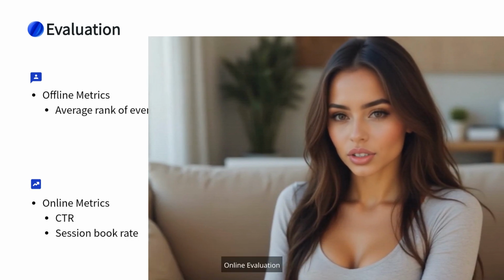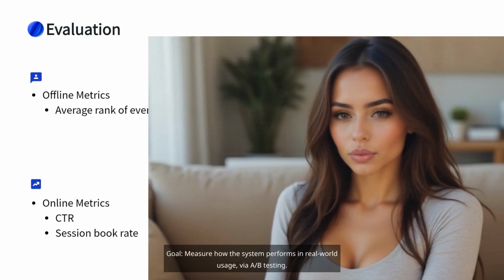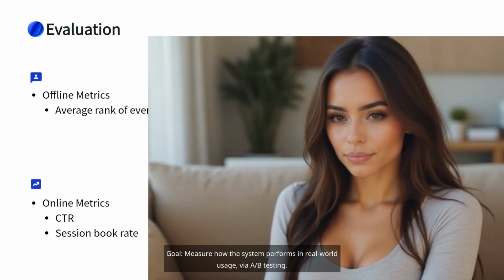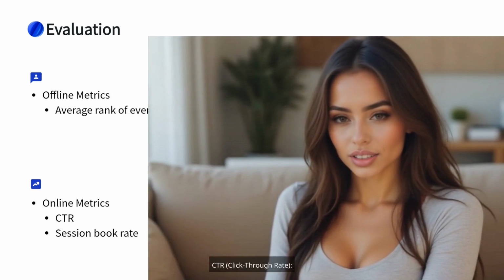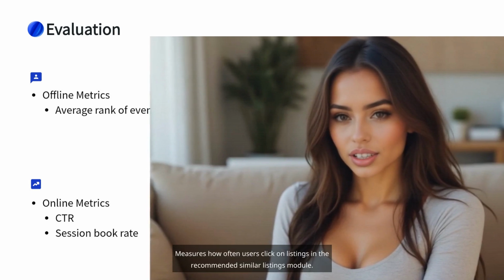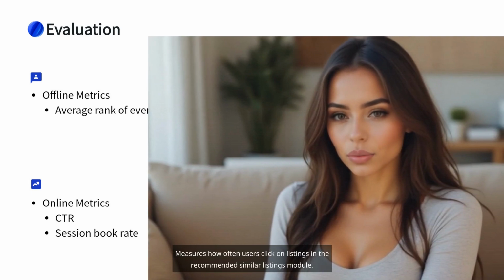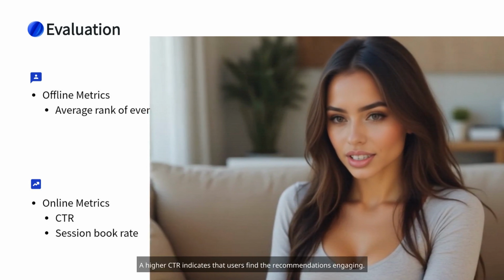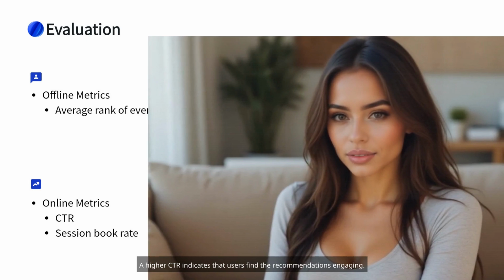Online evaluation goal: measure how the system performs in real-world usage via A/B testing. CTR, click-through rate, measures how often users click on listings in the recommended similar listings module. A higher CTR indicates that users find the recommendations engaging.